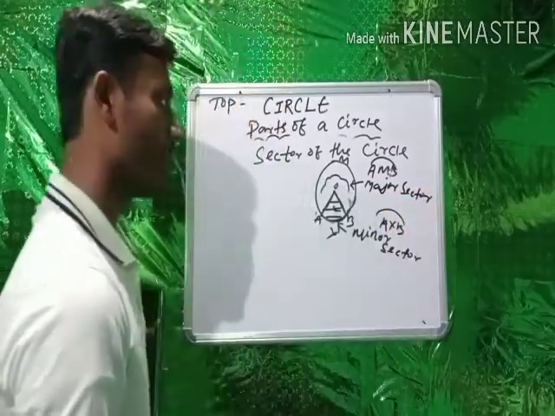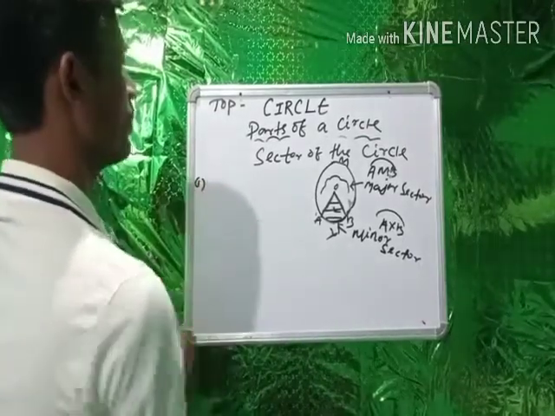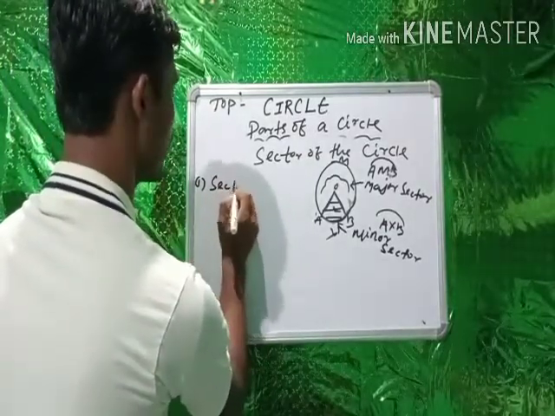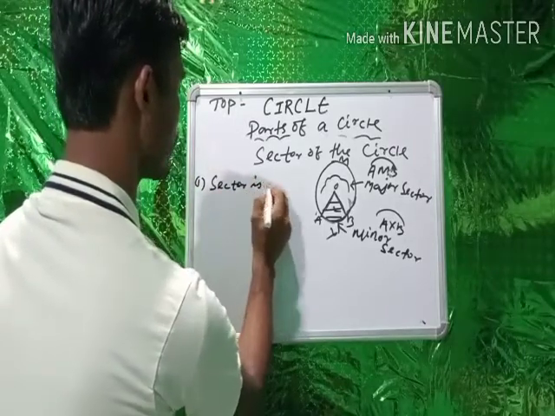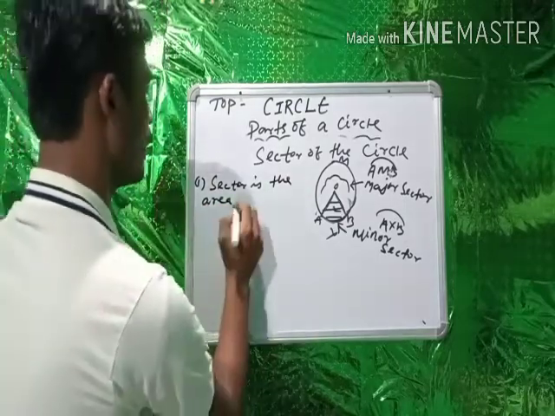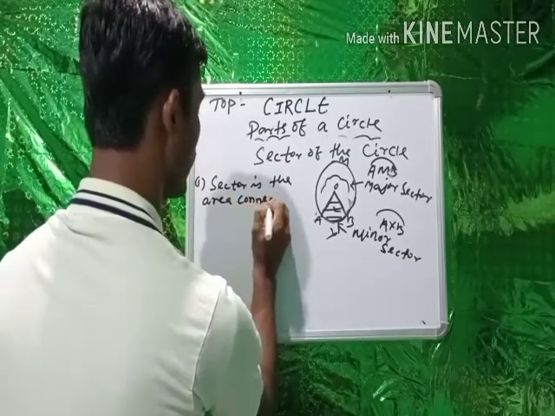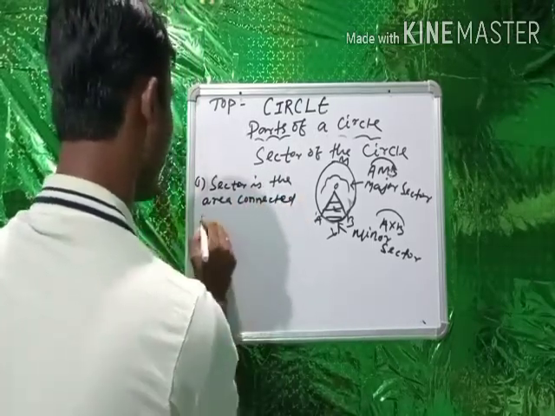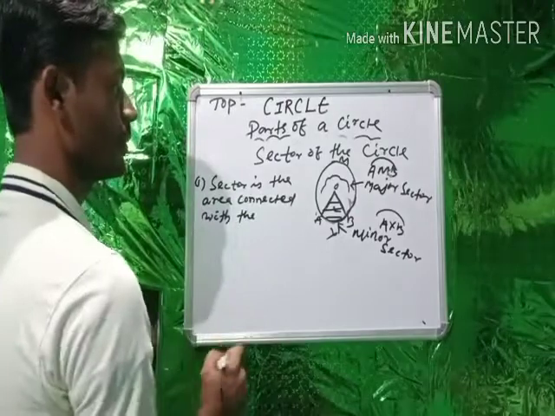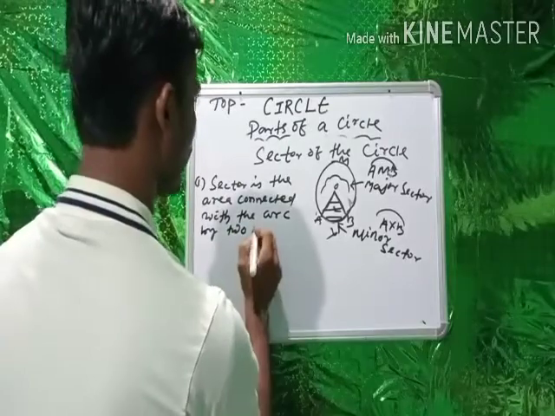You understand? Now I will go through its definition. What is a sector? A sector is the area connected with the arc by two radii.